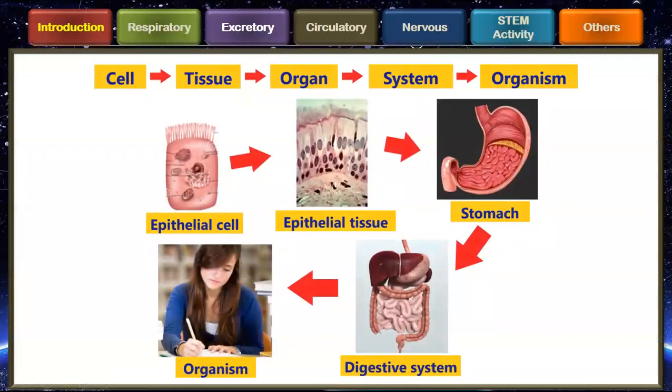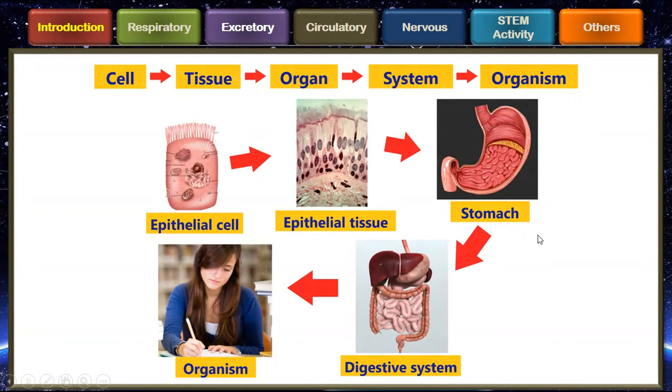So some of the things that we've learned in your Matthew 1 class are the following. The cell, as the basic building block of our body, is the smallest one, and we ourselves as organisms are the most complex one. Try to look at this one. This is an example of a cell, which is the epithelial cell. When they are grouped, they form the epithelial tissue. And the tissues, when they are grouped, become the organs. In this sense, this is the stomach.